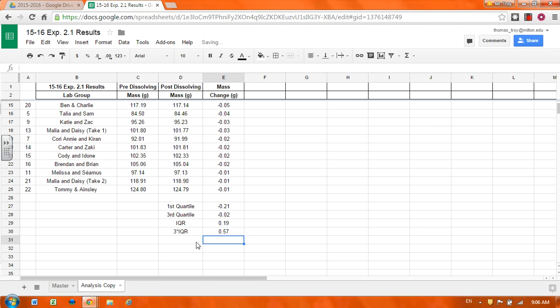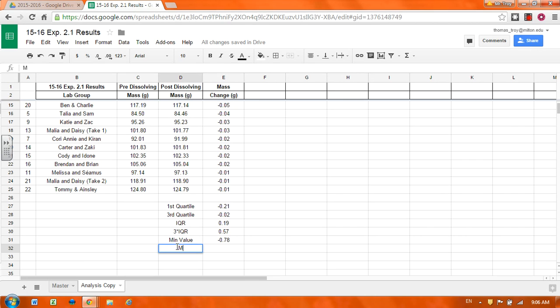That's 0.57 grams. So in the plainest English I can say, the minimum value that we will have faith in will have a mass change equal to the first quartile minus 3 times the interquartile range. In other words, negative 0.78 grams.